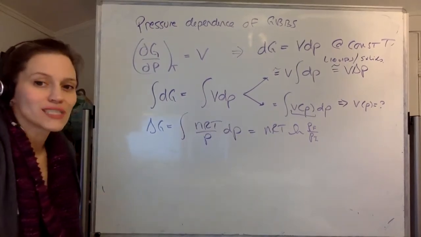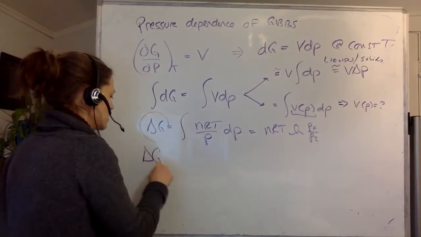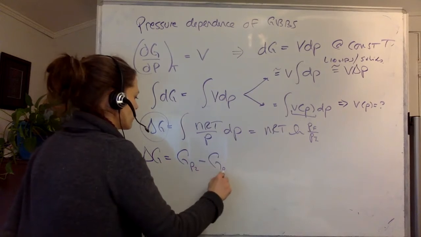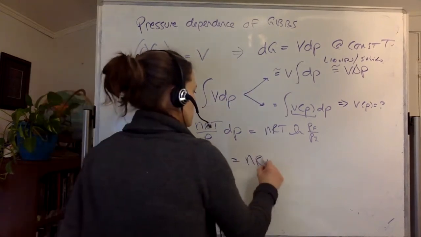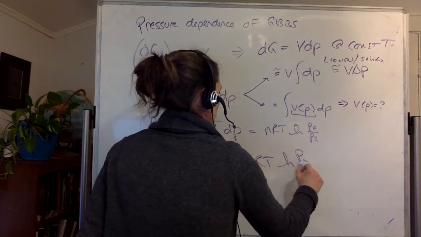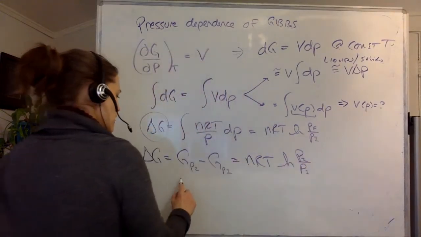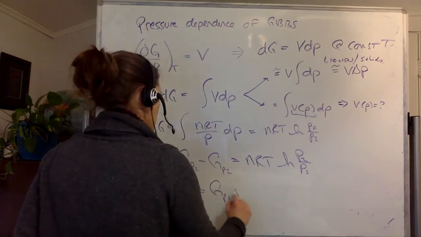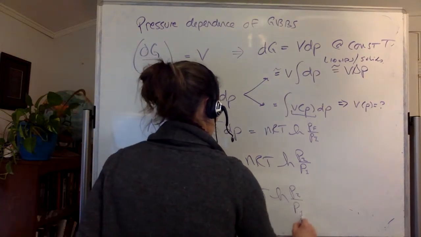So one of the things that you'll see that Atkins does is he breaks this up into delta G is equal to G of pressure 2 minus G of pressure 1, such that if you want to then say log P, I'm going to use the same notation, pressure 2 over pressure 1, this can then become G of pressure 2 is equal to G of pressure 1 plus nRT log P2 over P1.